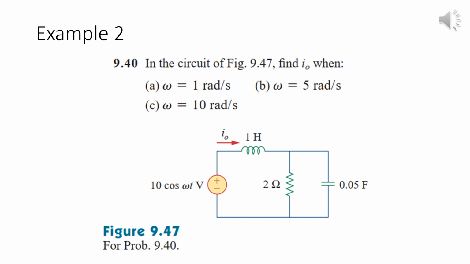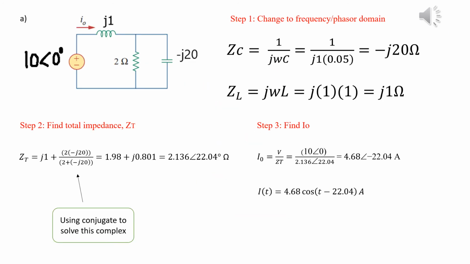This is example 2. In the circuit, we have to find I0. So I take one example, A, as the example. First step, we change to the phasor domain, which gives us 10 angle 0 degrees. Now we find the impedance of the capacitor and inductor.